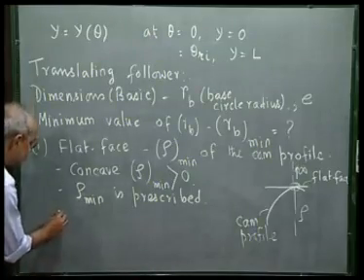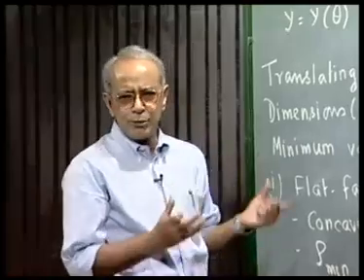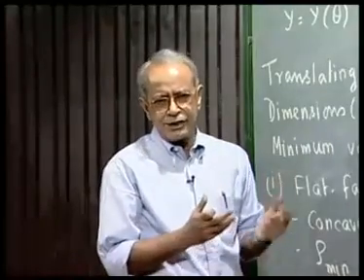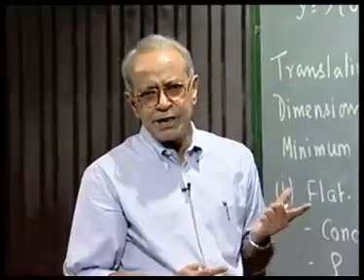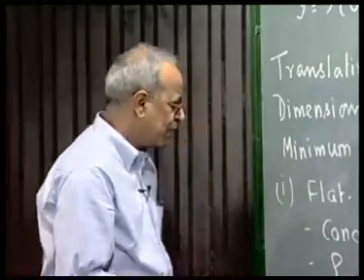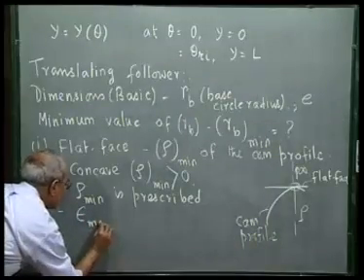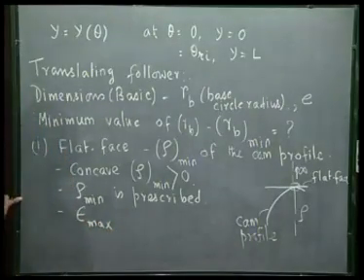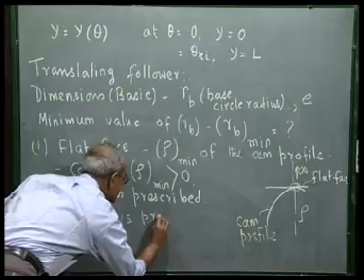Another consideration, we know that the eccentricity of the driving effort should not be too large, because then there is a chance of the follower to cock inside its bearing guide and jam in the follower. To prevent this jamming, we should also say what is the maximum allowable eccentricity of the driving effort, which we denote by E. So, we also say E max is also prescribed.